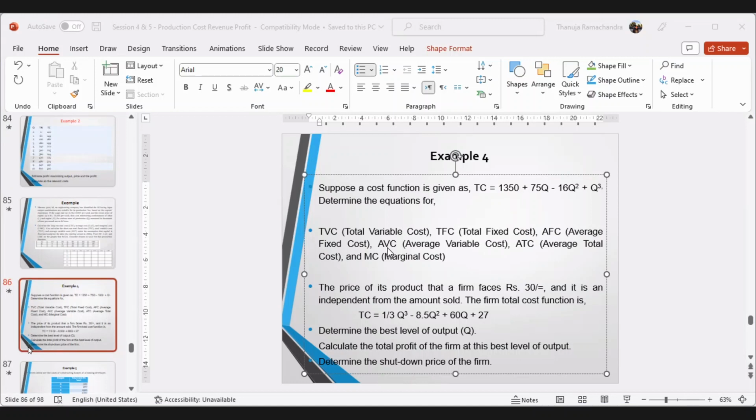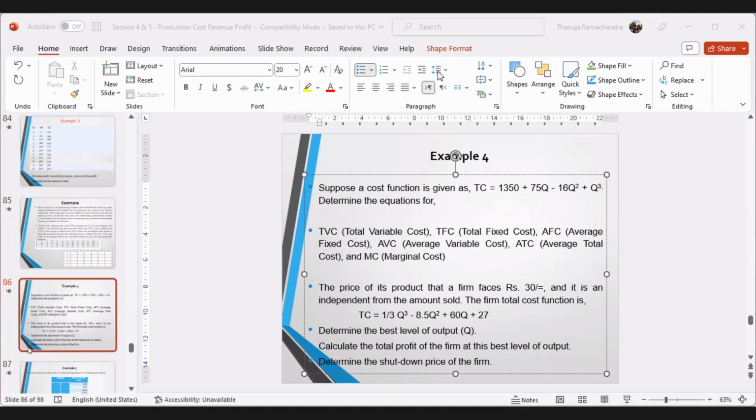Right. Tell me average variable cost, just to check whether you got the concept correctly. That's it. TVC, total variable cost, divided by Q. That means 75Q divided by Q. 75 minus 16Q plus Q square, right?